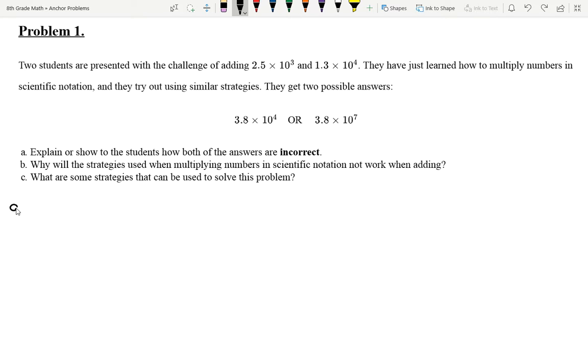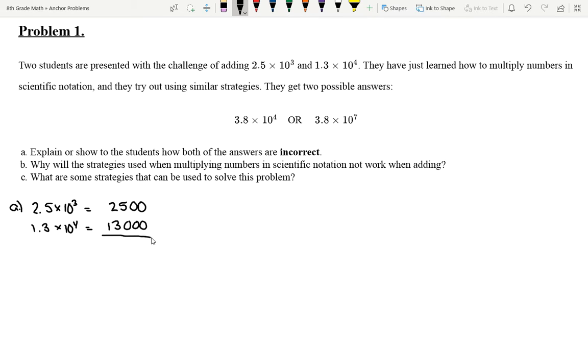Well, simply, if we look at A here, one way to look at 2.5 times 10 to the third power is that it is really 2,500. One way to look at 1.3 times 10 to the fourth power is that this is really 13,000.